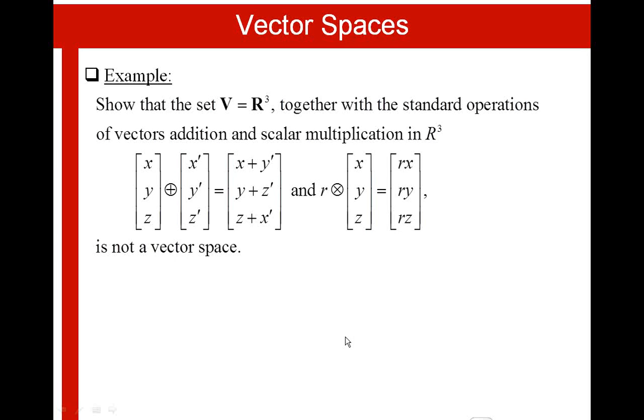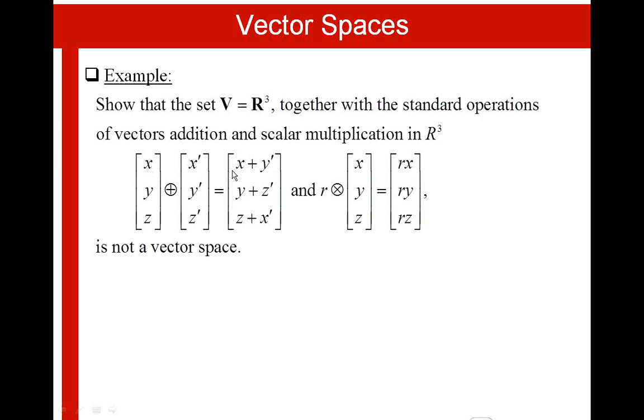Example number 2: show that the set V equal to R3 together with the standard operations of vector addition and scalar multiplication in R3 is not a vector space. The rules for this particular set V are as follows: if we have two vectors (x, y, z) and (x prime, y prime, z prime), it's not a normal addition of two vectors.